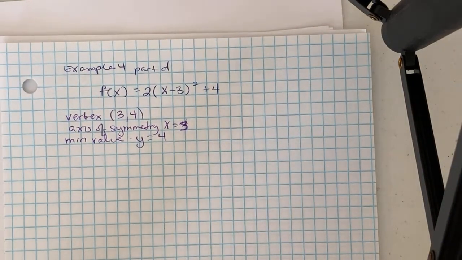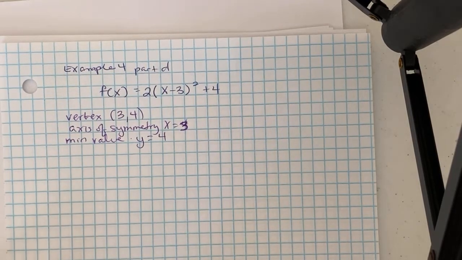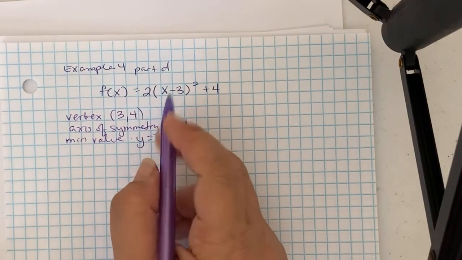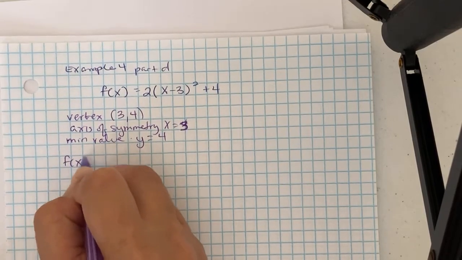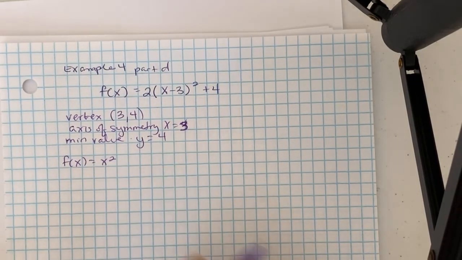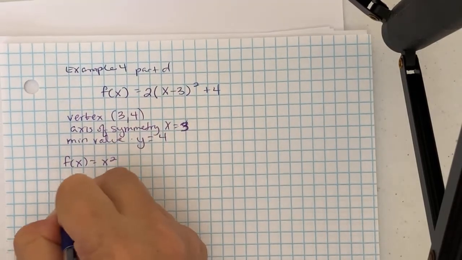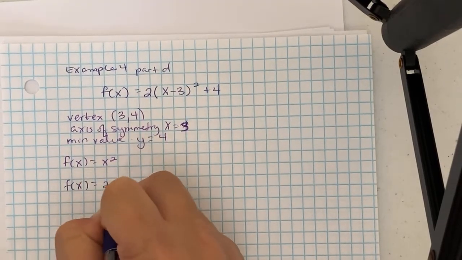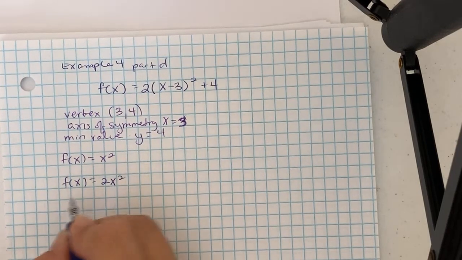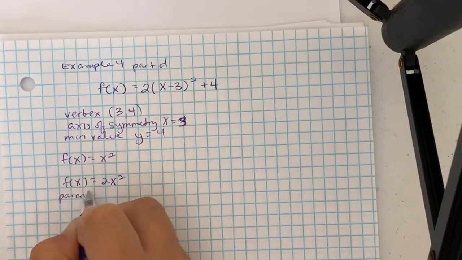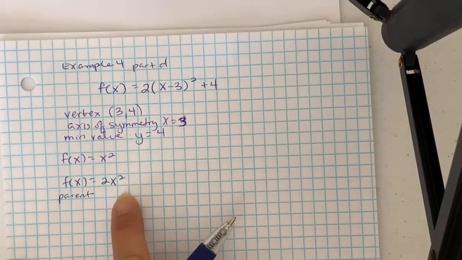In order to graph this, you have 2 options. You can graph the parent function, which is what I would do, and then do your shifts. Normally our parent function would be f of x equal to x squared. But because we already have an a value, I'm going to use f of x equal to 2x squared as our parent, and then from here we're going to do our shifts.